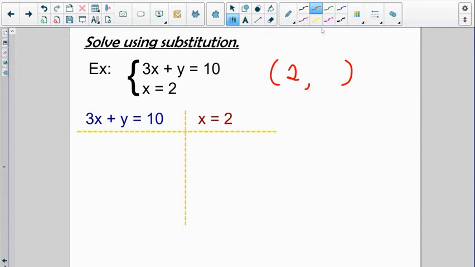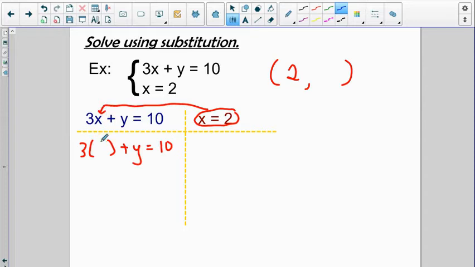I started out with 3x plus y equals 10, but I know the value of x. I know that x is 2. That tells me I can actually replace the x in my equation with the value. If x equals 2, I'm going to replace x with 2.